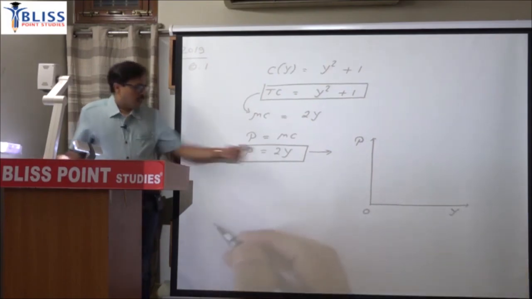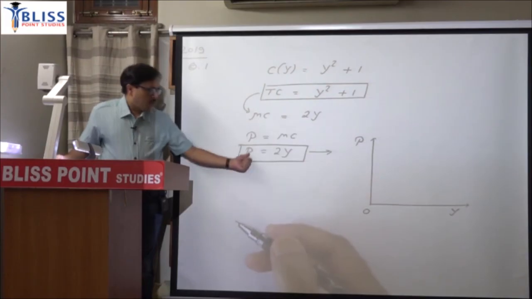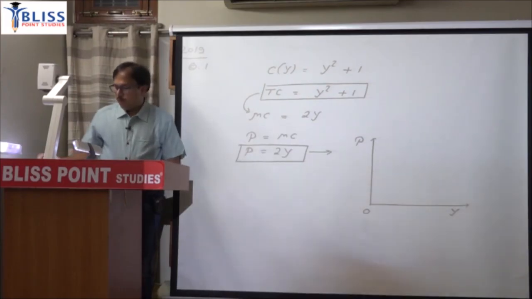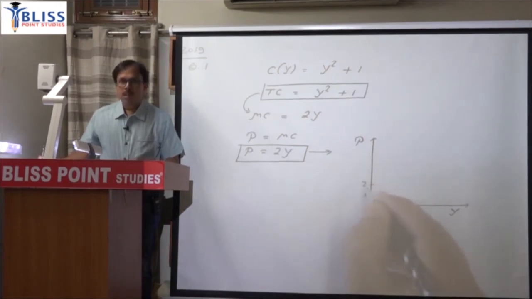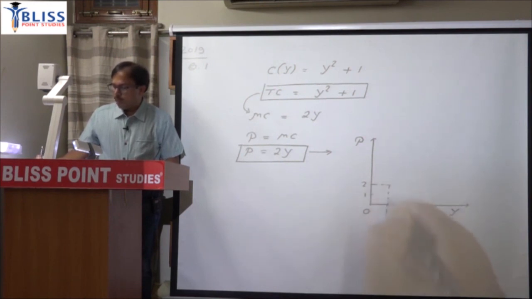To plot the relationship, suppose the output is 1, then what will be the price? In place of output, if you write 1, then the price for that output will be 2. So for 1 unit of output, price will be 2. For 2 units of output, price will be 4.